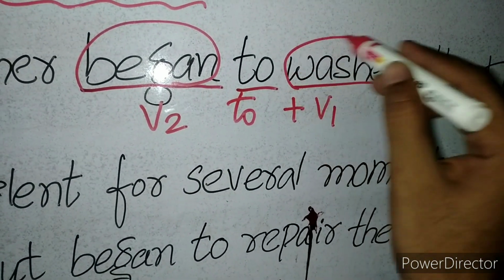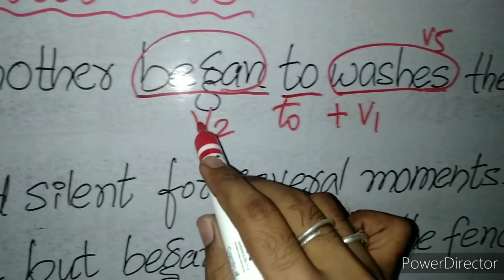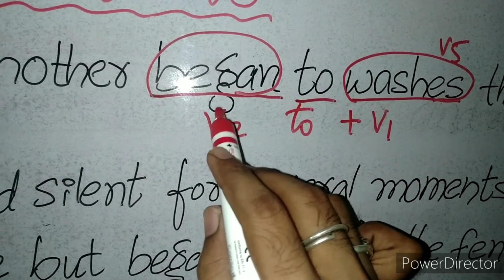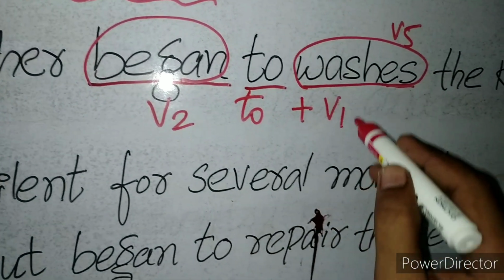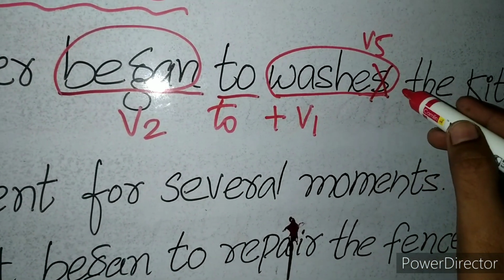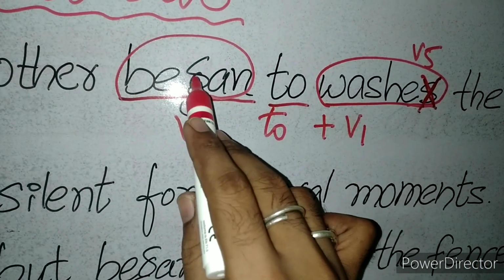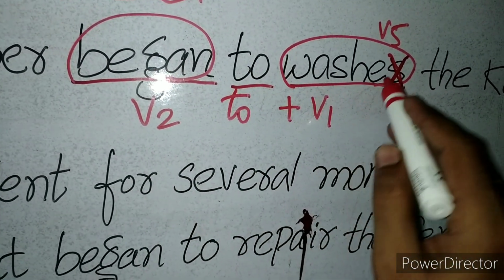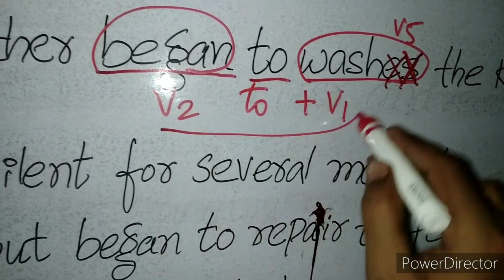But here washes is V5 form. After V2, if there is 'to', after 'to' there should be V1 form but not V5 form. So here washes is V5. That's why it is wrong. And the answer is began to wash, not washes. Got it? So remember this trick.